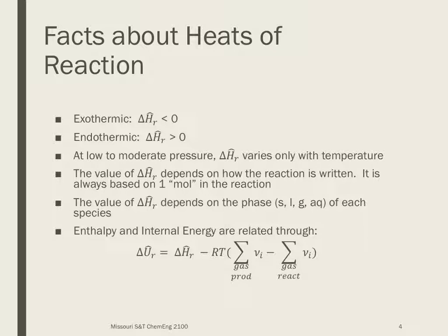But if I assume they're essentially ideal gases, then the easiest thing to do is take delta H of reaction minus RT times the difference in stoichiometric coefficients of products minus reactants. And if you want to play with that a little while or read carefully in the book, you'll see that that's derived from assuming that the gas phase is essentially an ideal gas.